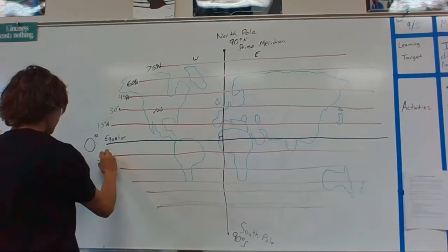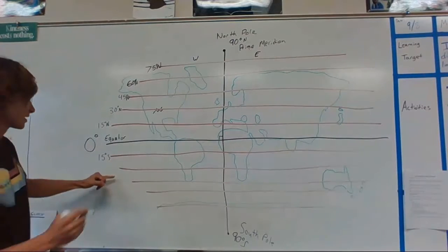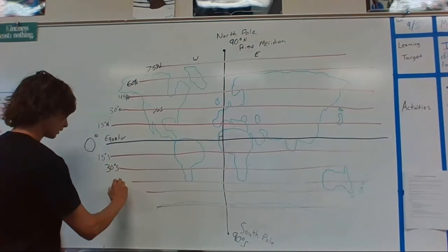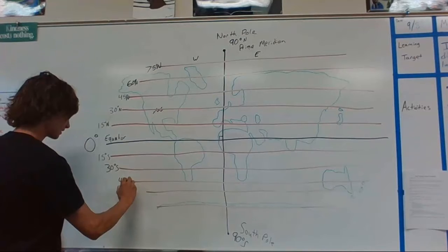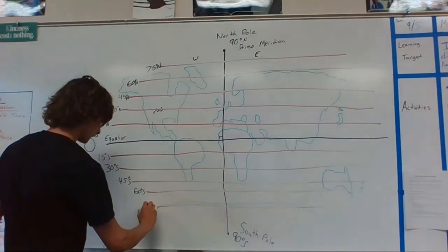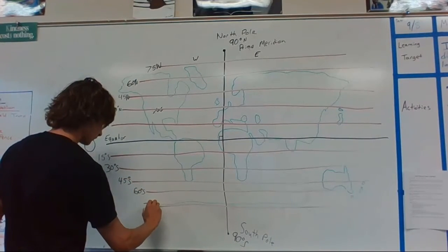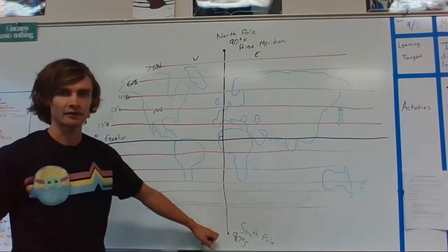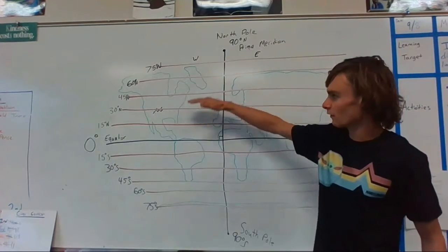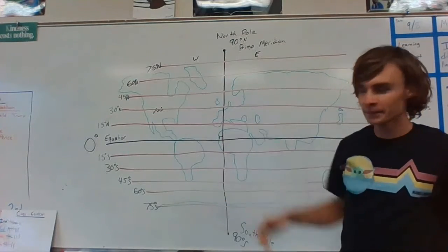So we're going away from the equator, so we're going south, so 15 degrees south, 30 degrees south, 45 degrees south, 60 degrees south, 75 degrees south, and then we hit 90 degrees south. So here we have lines that give us position north and south.